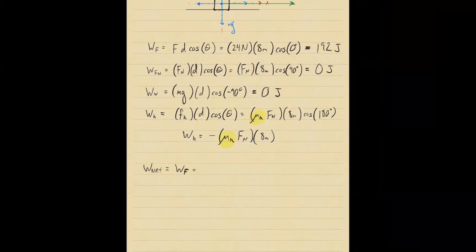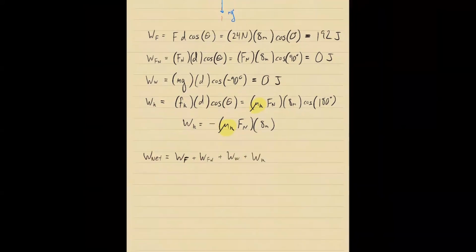So it's the work done by the force F, the work done by the normal force, the work done by the weight, plus the work done by the kinetic friction. But since the work done by our normal force and the work done by our weight are 0, both these terms fall out.